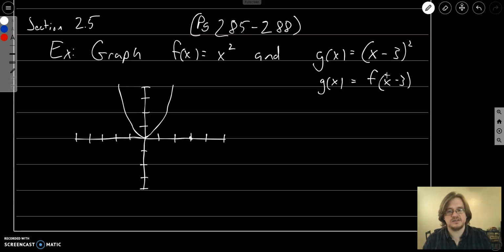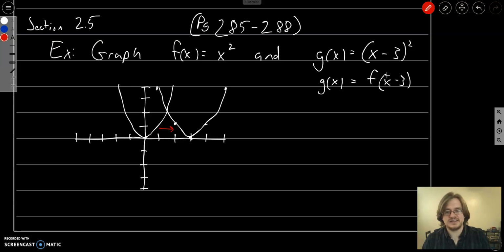If I plug in some values, if I plug in 0, 3, 4, or 5, or 2, or 1, we'll get roughly the same shape, but we'll notice that it's been shifted to the right.